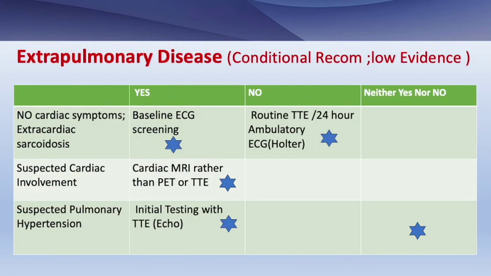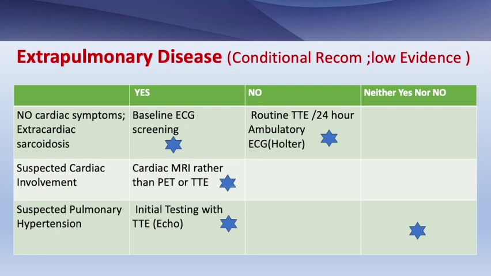Coming to the last two factors of extrapulmonary disease, one is the cardiac system and the other is pulmonary hypertension. So cardiac sarcoidosis is very important.